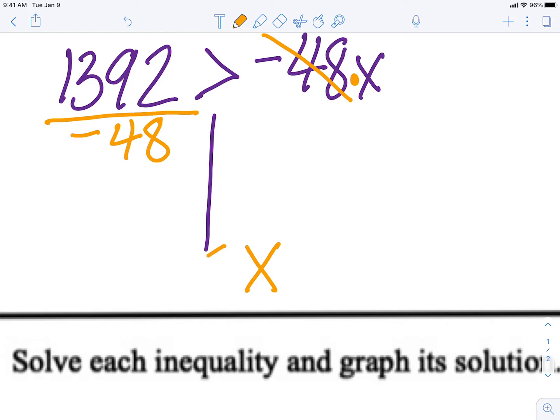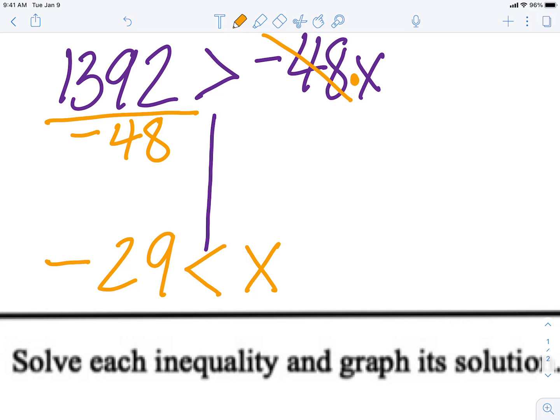So I'm going to write it like that. A positive divided by a negative is a negative. And 1,392 divided by 48 with a calculator is 29.